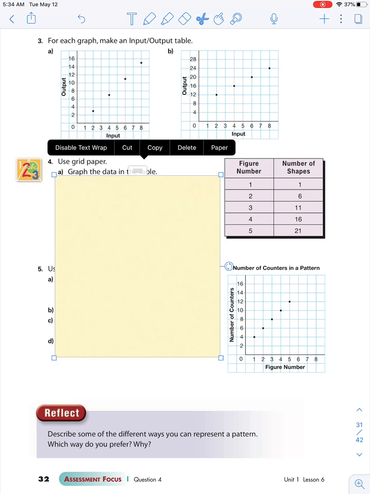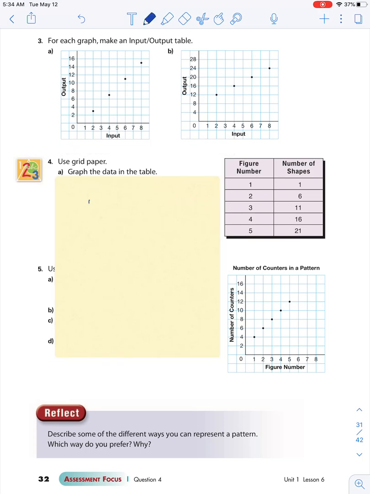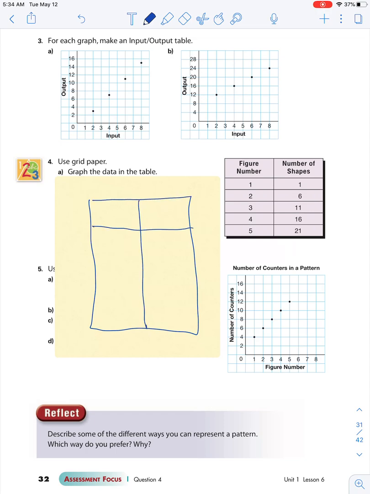Okay, here we go. All right, so here we're just making the table, so we're working backwards. I'm going to call this input, output. So my input for this one, we have 2, 4, 6, and 8.